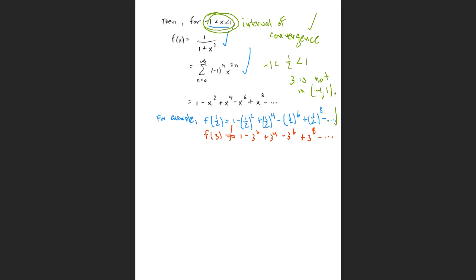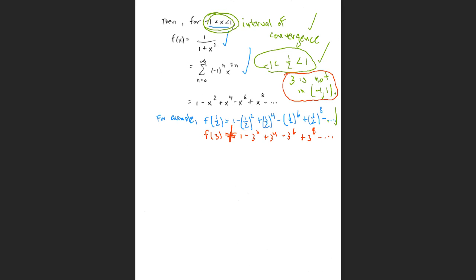A half is between -1 and 1. Okay, we love that. But 3 is not inside that interval of convergence. And so that's why you can't use the power series to compute f of 3.